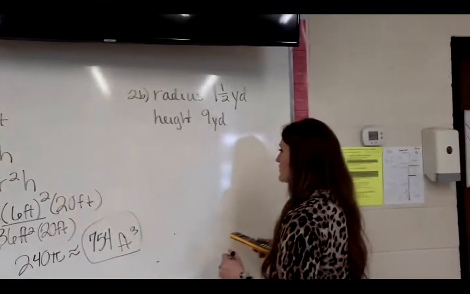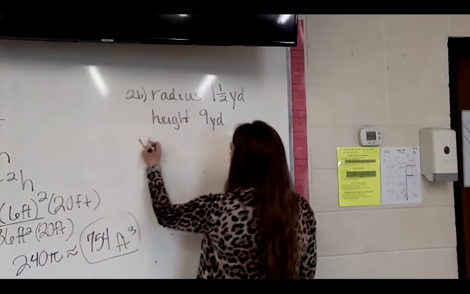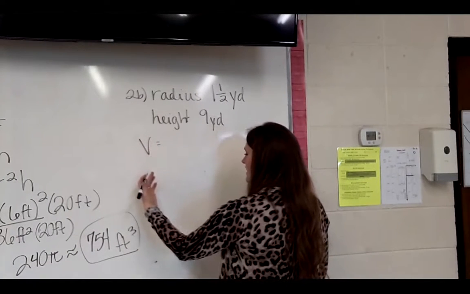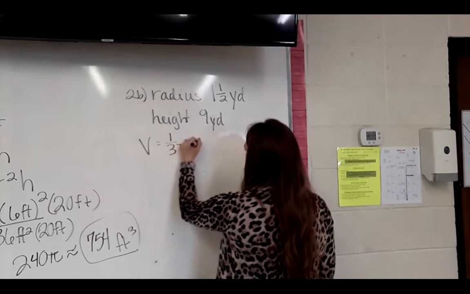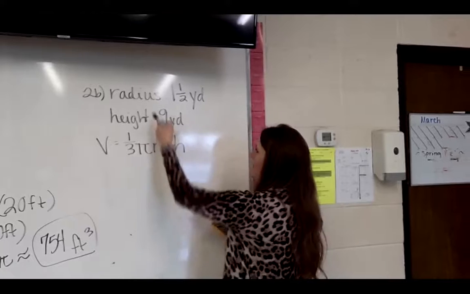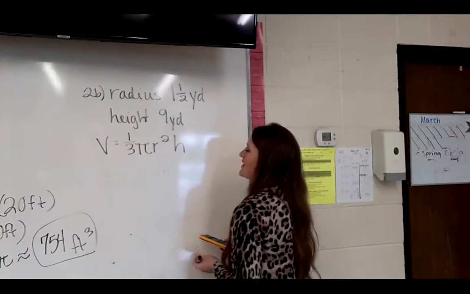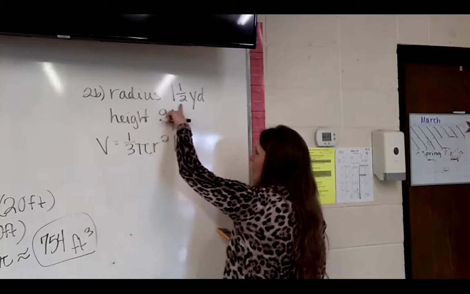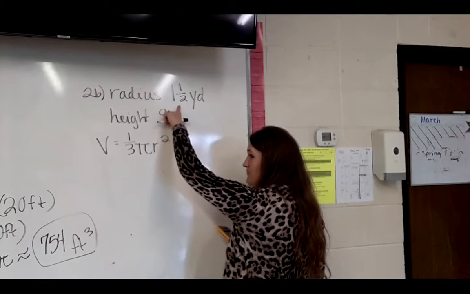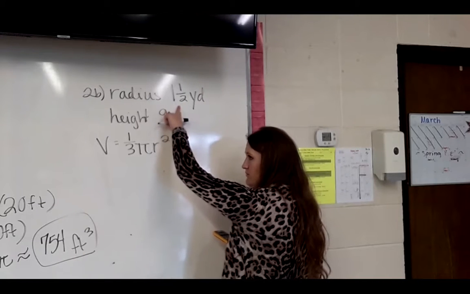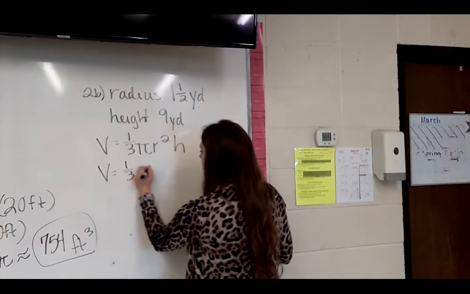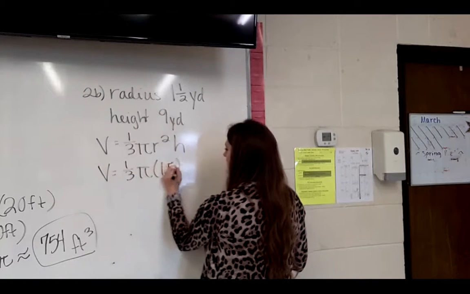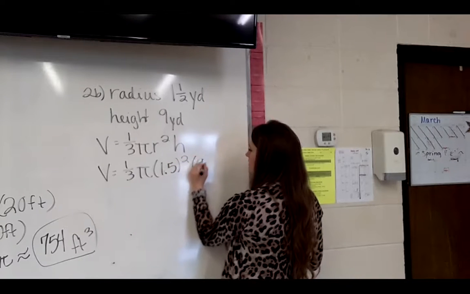Okay, on 2B, we're doing the same thing. So since I already know the base of a cone is a circle, I'm going to go ahead and write the formula we're using, 1/3 pi r squared h. Again, they go ahead and give us radius and height. 1 1/2, you could say that that is 3/2, or you could say 1.5. Those mean the same thing. Times pi times 1.5 squared times 9.